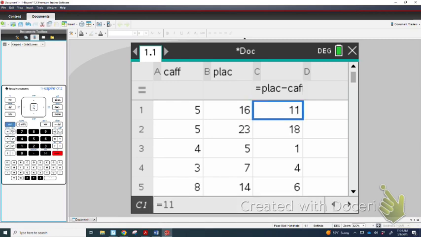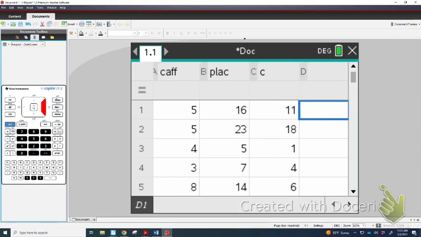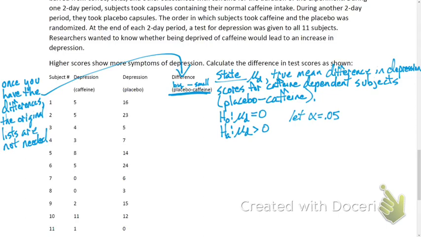And there they are. I need to be able to pull this list, so I need to name this list. I'm going to name it C. And there they are. Rewind if you need to see that again. So now I have all my differences. You really don't have to write them down if you don't want to, but you can if you want.